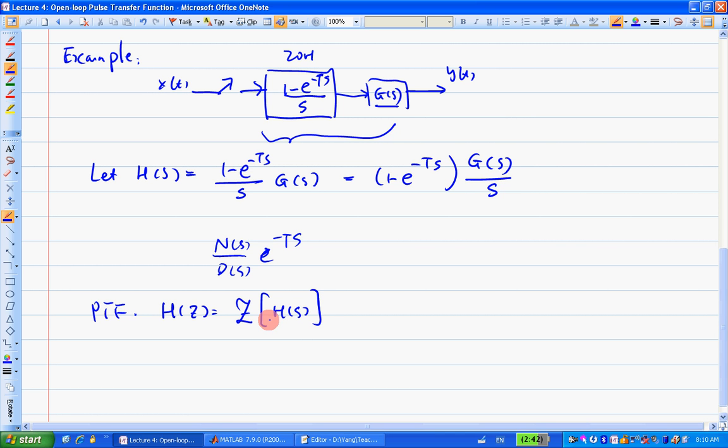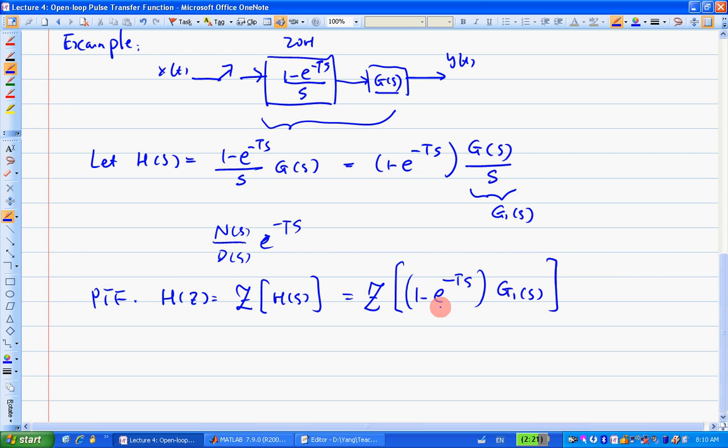So let's put the zero order hold part into this bracket, and this G of S over S, let's temporarily call it G1 of S.